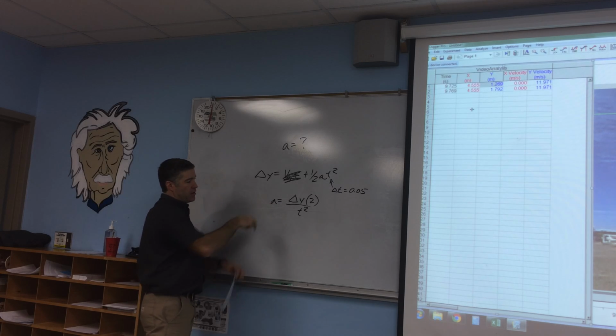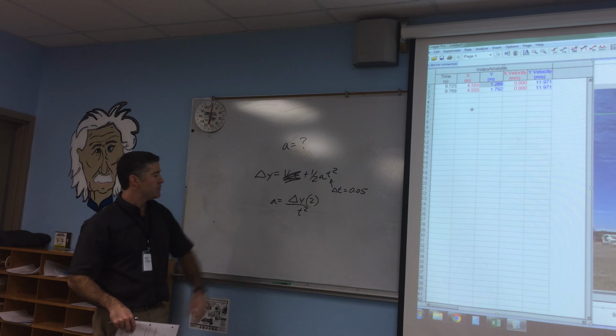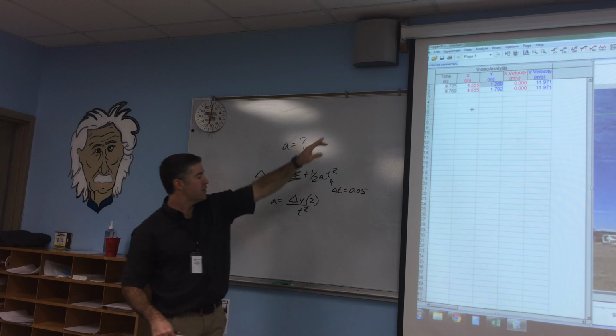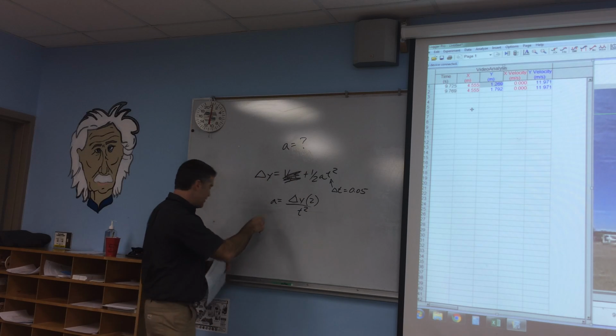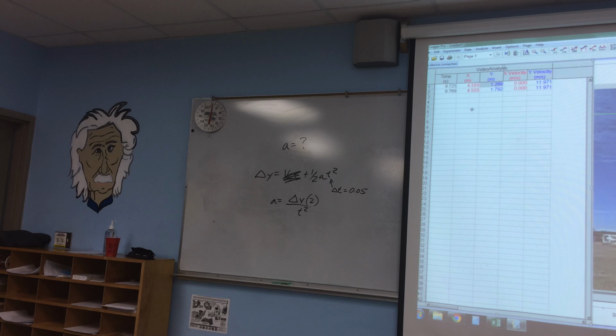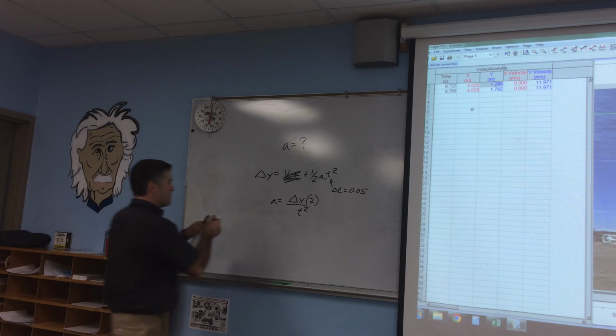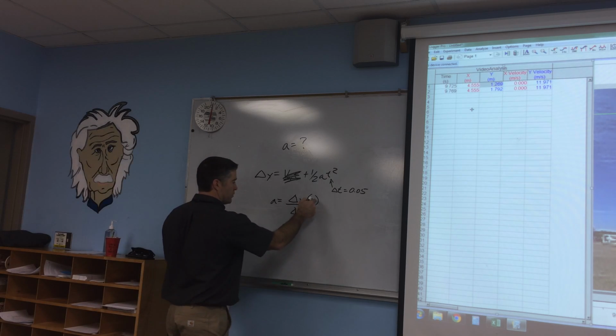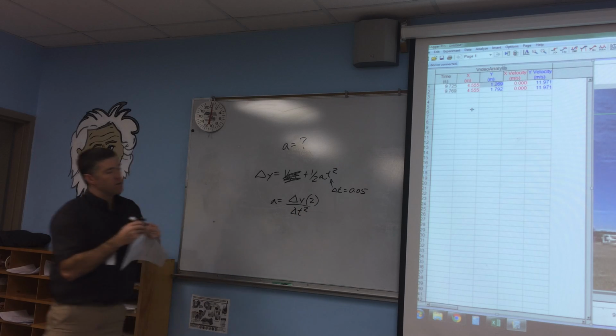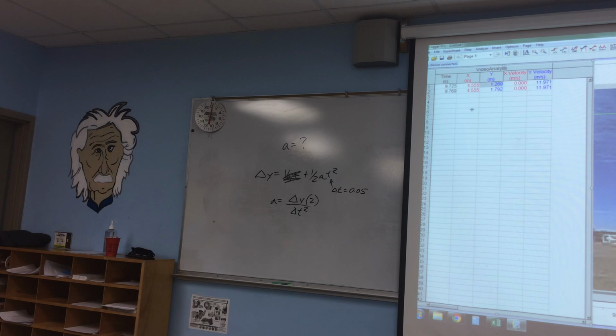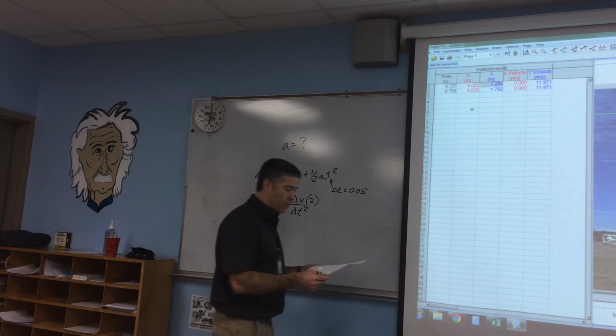If you solve it for a, you get a equals delta y times 2 over t squared. So plug in your delta t, plug in your delta y, multiply by 2, square the time, and then you'll have the acceleration. Number 4 on the sheet, rocket's mass at the beginning of the water thrust phase.